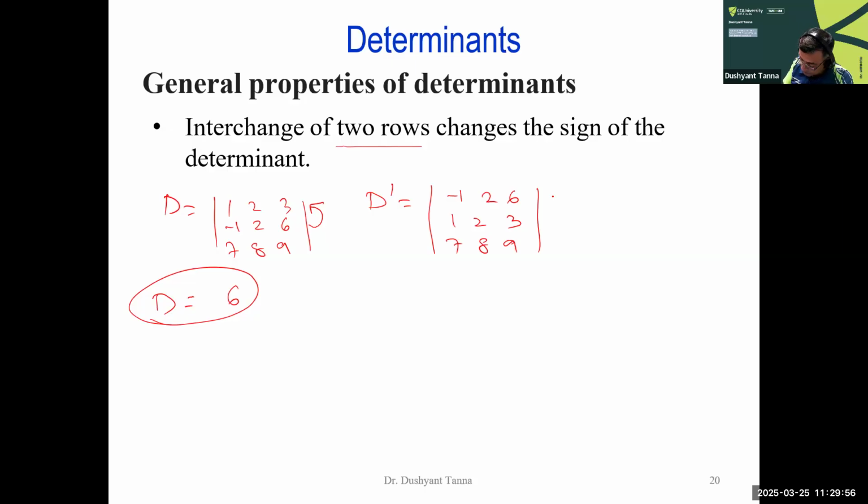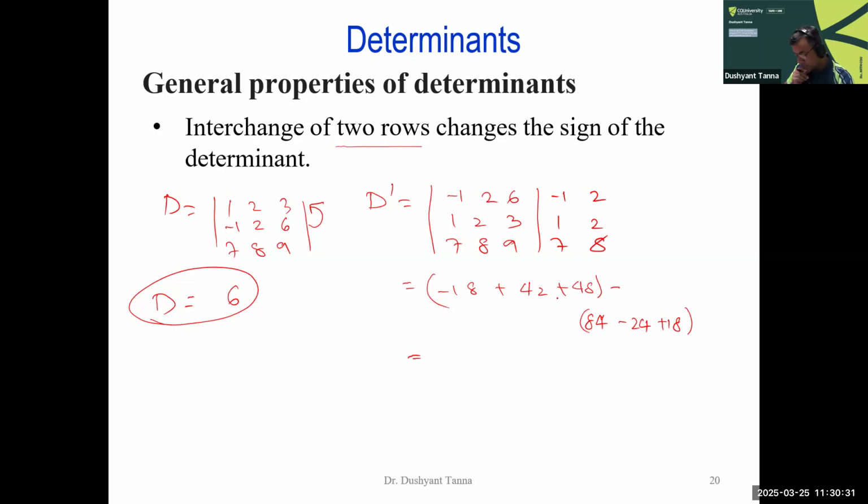Okay, so expand that: minus 1, 2, 1, 2, 7, and 8. So that is minus 18 plus 42 plus 48 minus 84, minus 24, and plus 18.